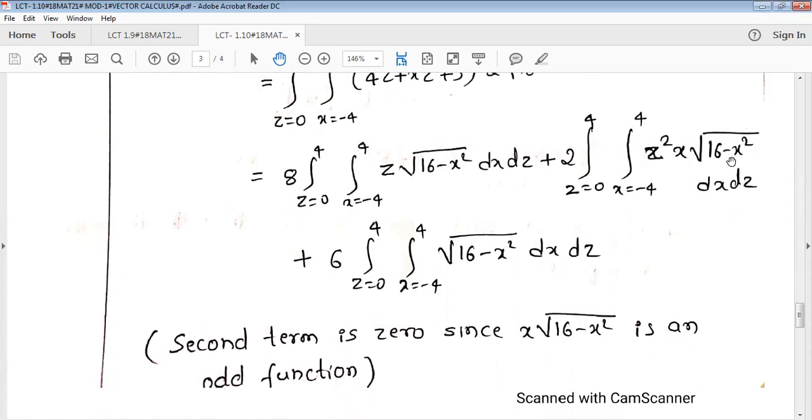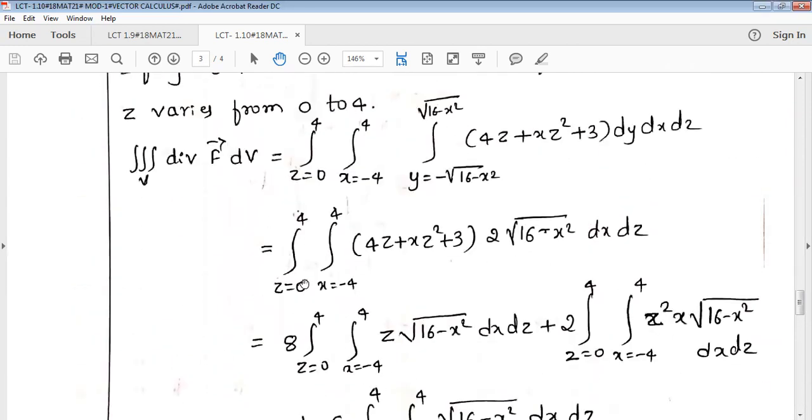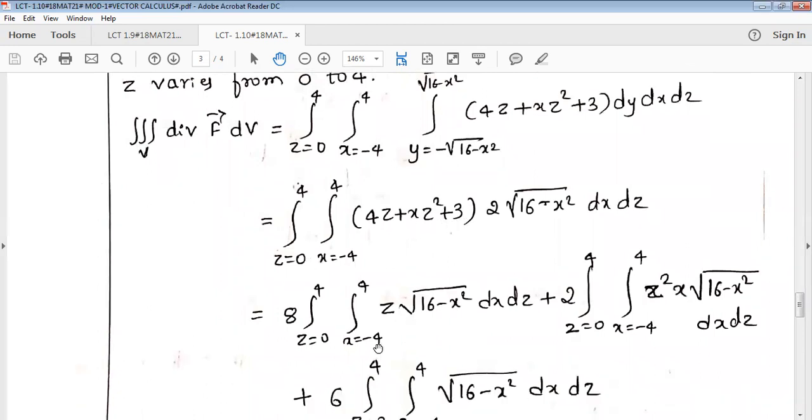Now for the first one, integrate from z equal to 0 to 4 of z, and integrate with respect to dx.